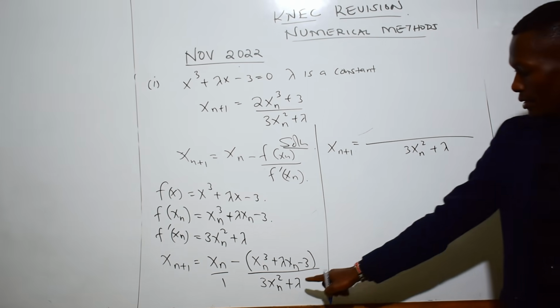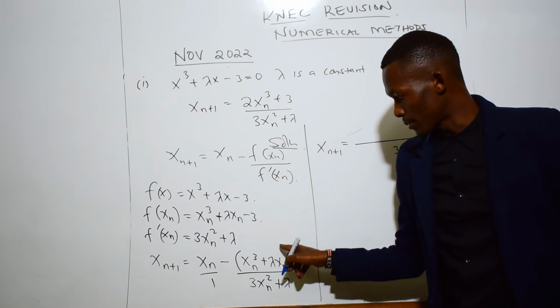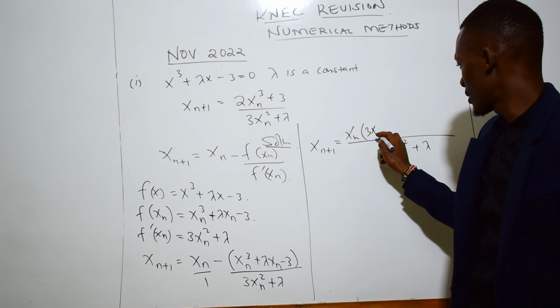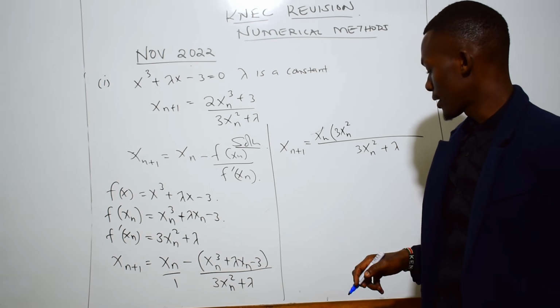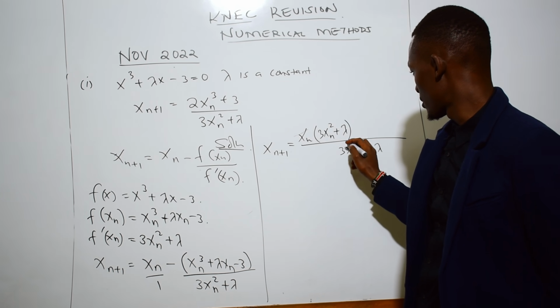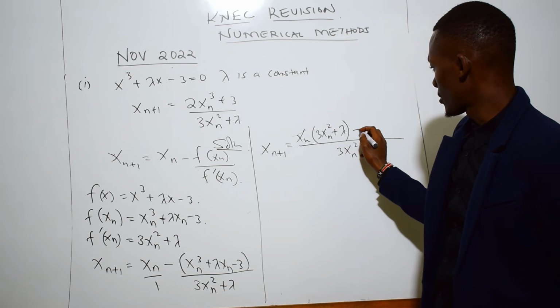Now this term multiplies with this and this term multiplies with that. So we shall have xn, then 3xn squared plus lambda. So we have that. Then remember subtract.